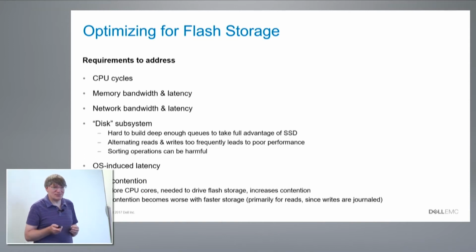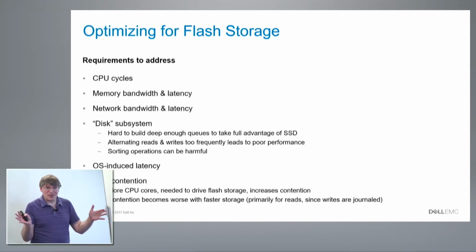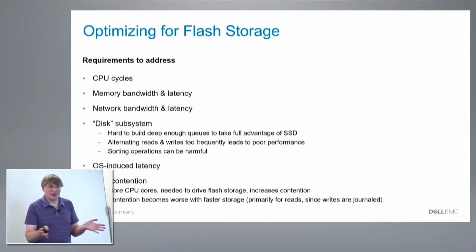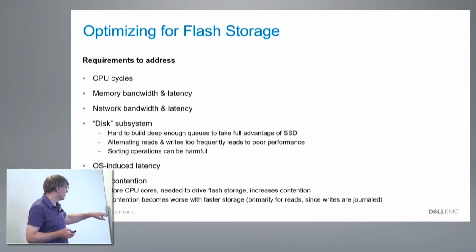The operating system, we're on FreeBSD. It's got latency with thread switching, with the buffer cache, memory management, and there were several areas there where we could measure that there were problems once we started putting faster flashes in.